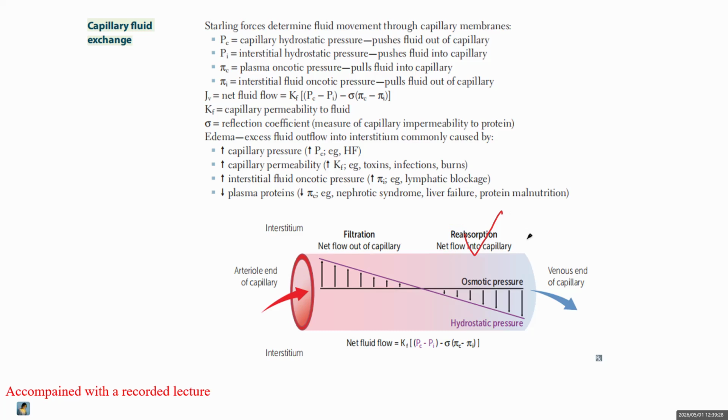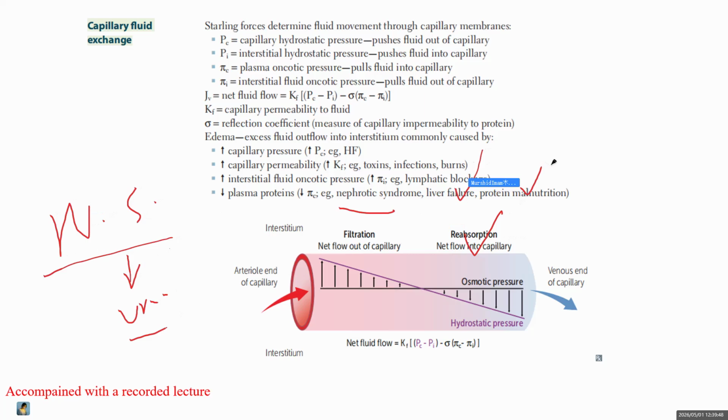Some of the conditions are like nephrotic syndrome. What happens in nephrotic syndrome? Proteins are lost into the urine, right? In liver failure, the protein synthesis is reduced. In malnutrition, there is inadequate protein intake, right?